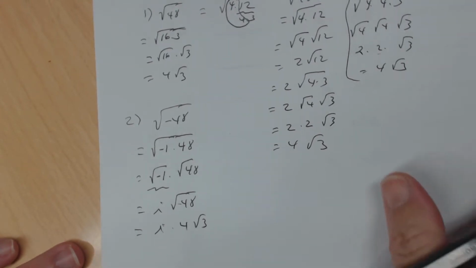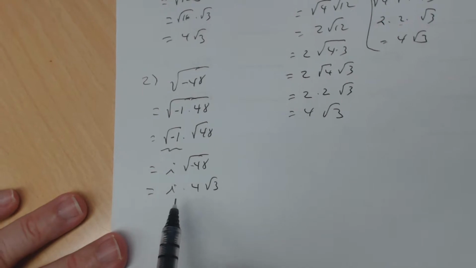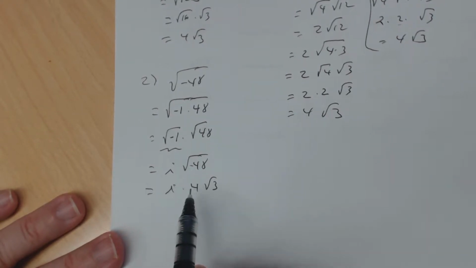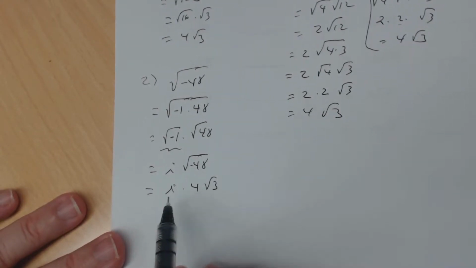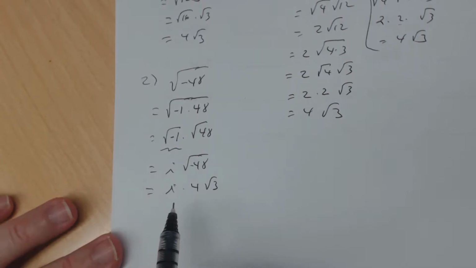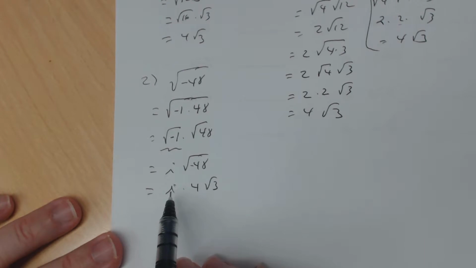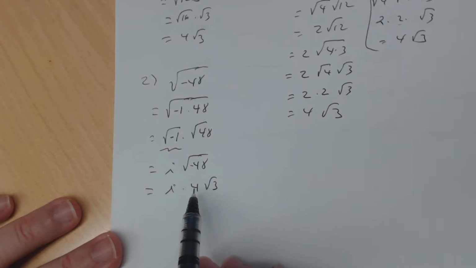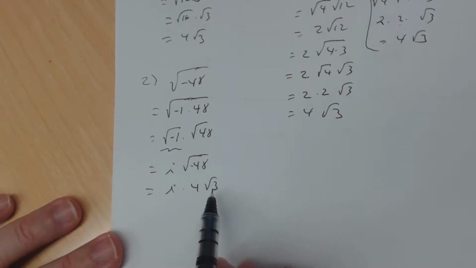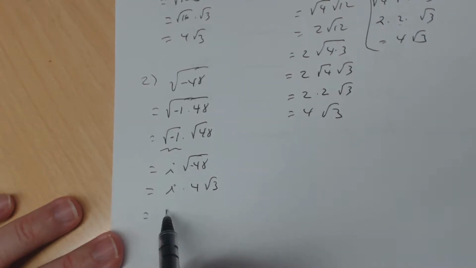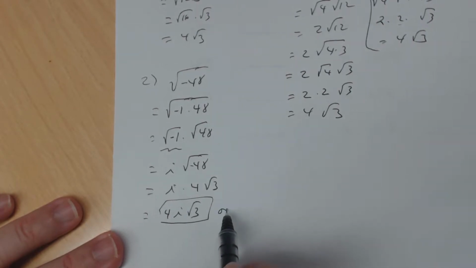But let me discuss how to write this. There's nothing wrong with writing it as i times 4 square root of 3, but the preference is sometimes to put the imaginary unit i between the whole number part of the radical and the square root part of the radical. So in other words, write it as 4i square root of 3. All right, so that's a perfect form. Now some people will write it like this.